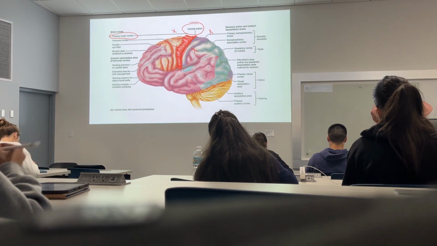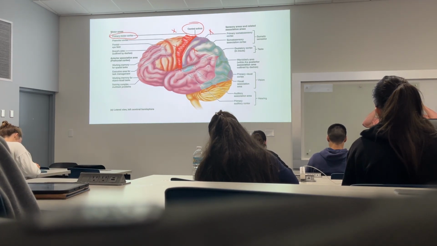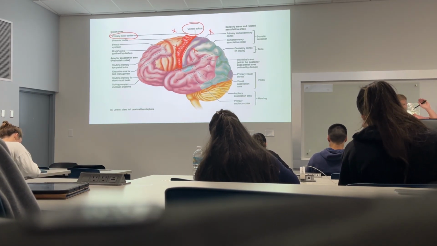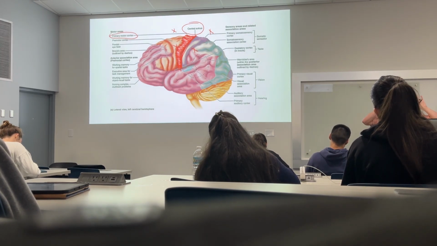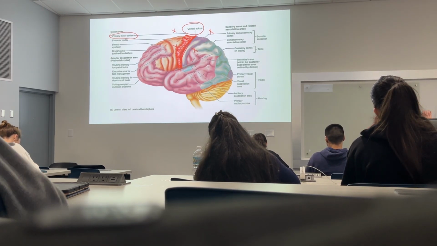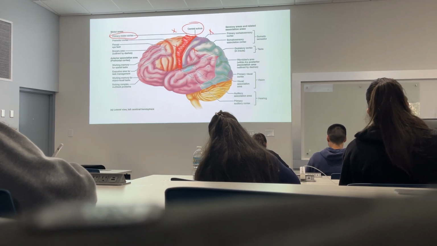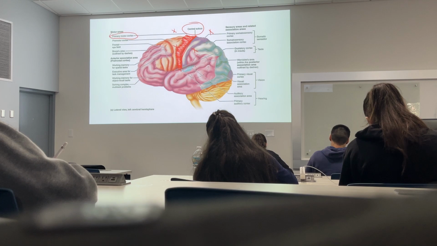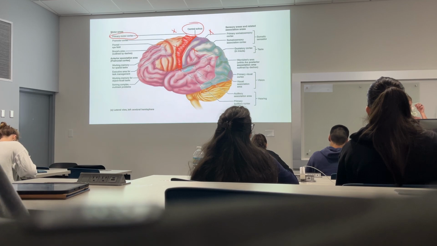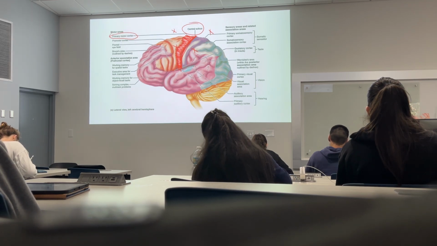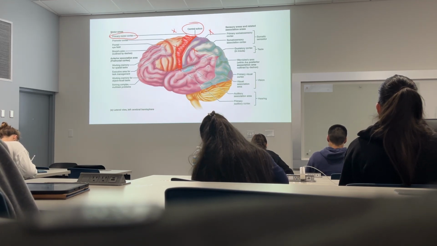It's a small strip of the cerebral cortex, just a small portion of the cerebral cortex, that controls basically all of the skeletal muscles in the entire human body. This sliver of your cerebrum is what allows for all of your different muscles to contract.